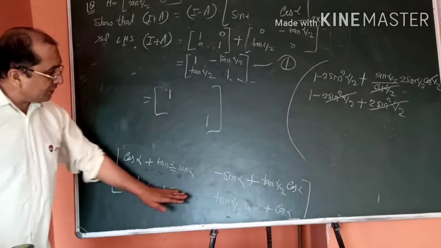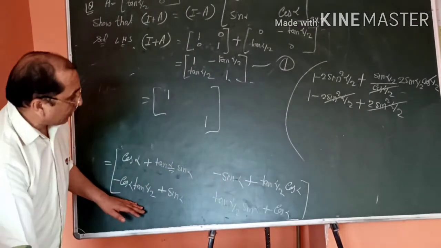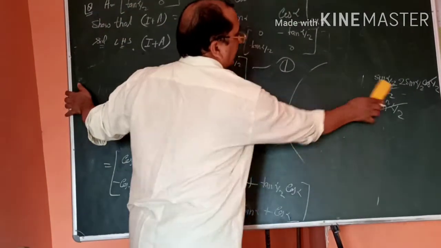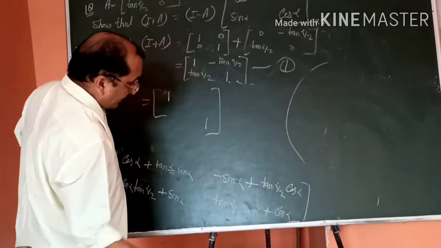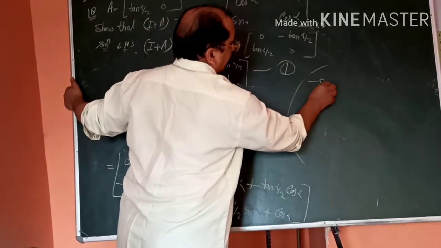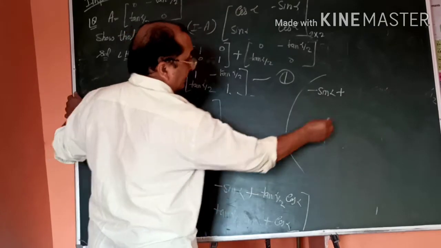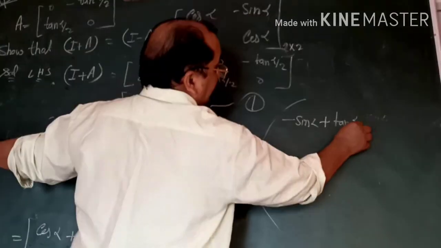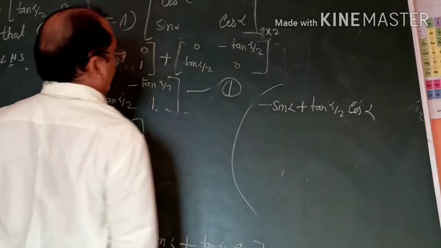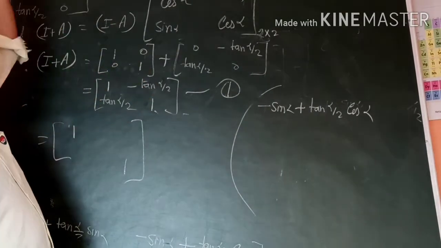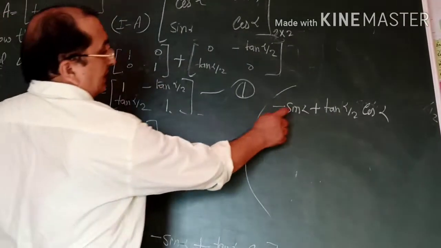And after that, these two are to be solved. I am solving this one thing only. Now see, minus sin alpha plus tan(alpha/2) cos alpha, and we have to find here minus tan(alpha/2). Now see how we will solve this.